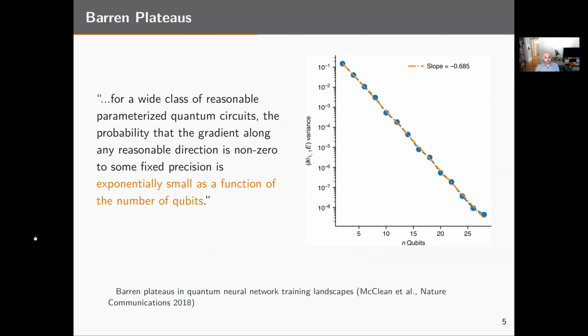So let's talk about what we mean by Barren Plateau and what this actual phenomenon is.